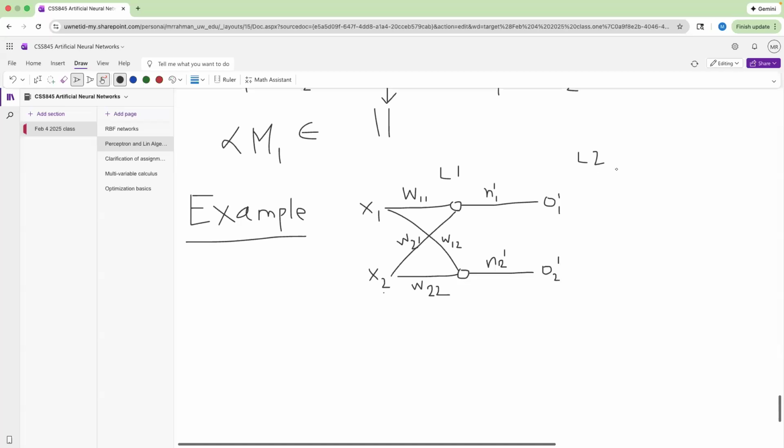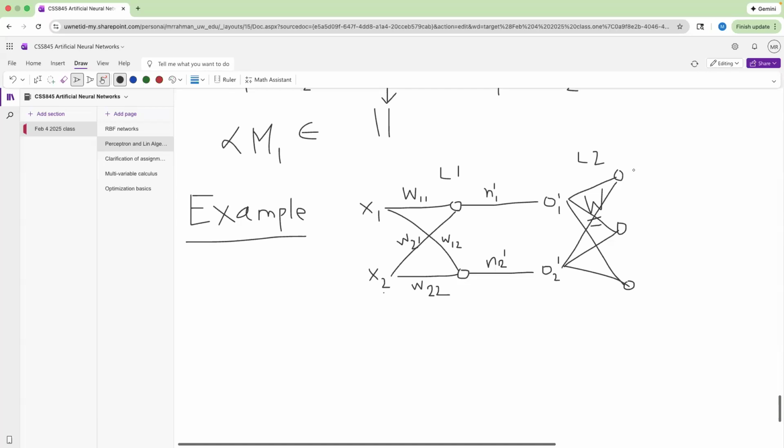And then here I'm going to have 3 neurons. This output value is going to go into these 3 neurons, and similarly I'm going to have some weight values here.